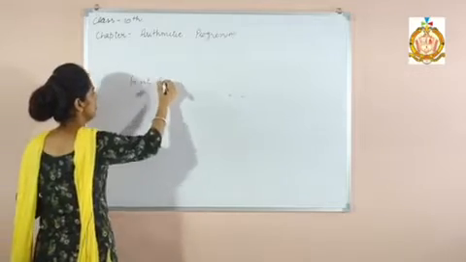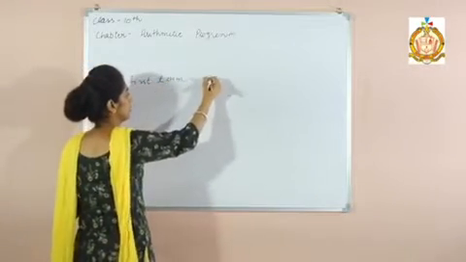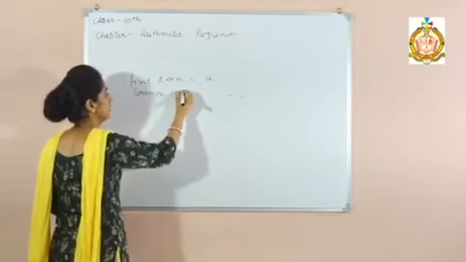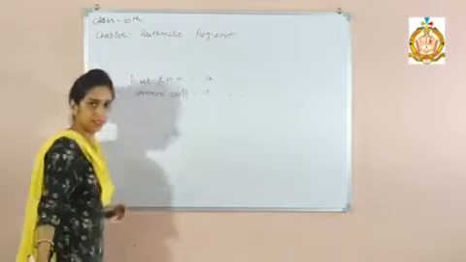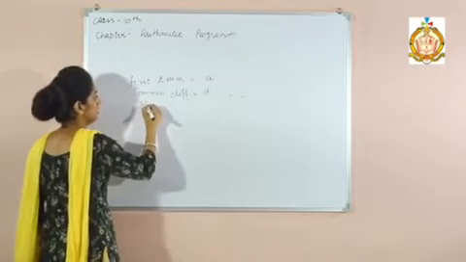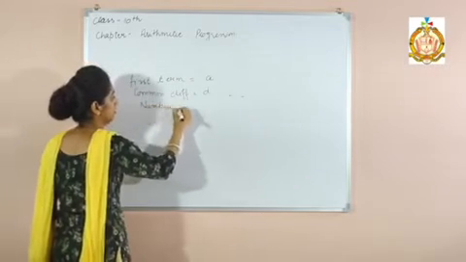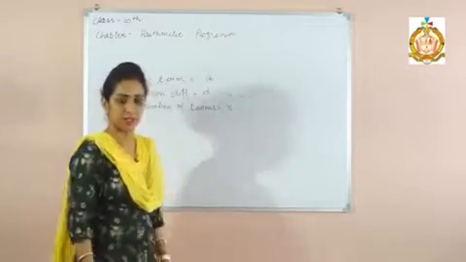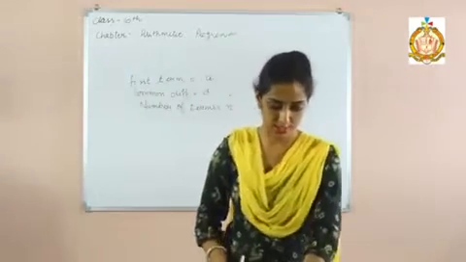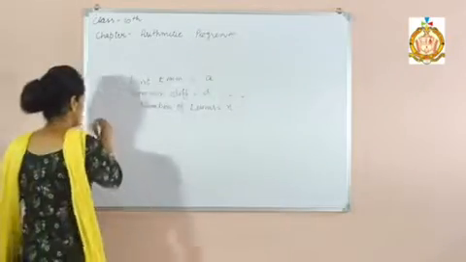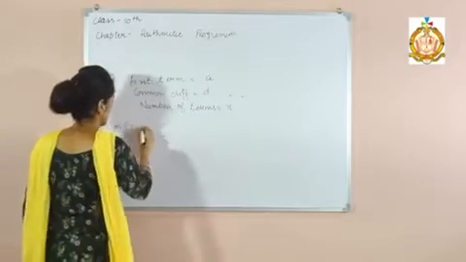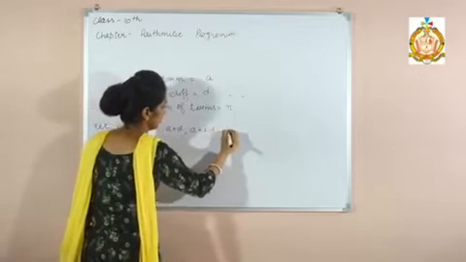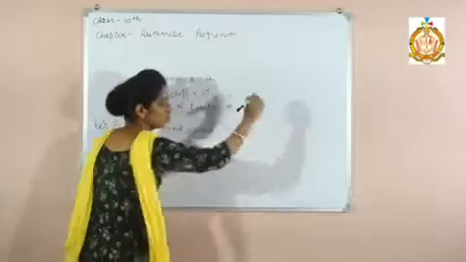So, first term is denoted by a. Common difference is denoted by d. Number of terms is equal to n. And let this be an AP series: a, a plus d, a plus 2d, a plus 3d up to so on.